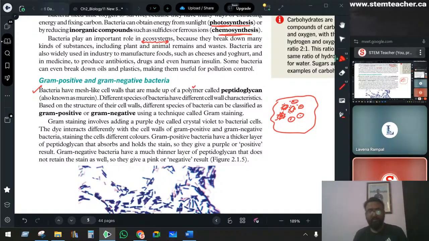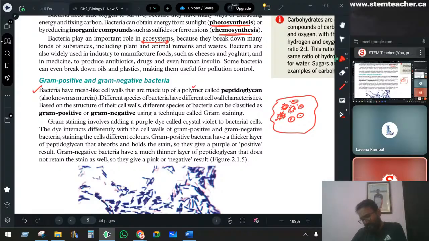Bacteria are very lightweight. We need bacteria, but there are good bacteria and bad bacteria. Sometimes good bacteria help us even in making curd. Okay? What do we call it? I'm not getting that name.